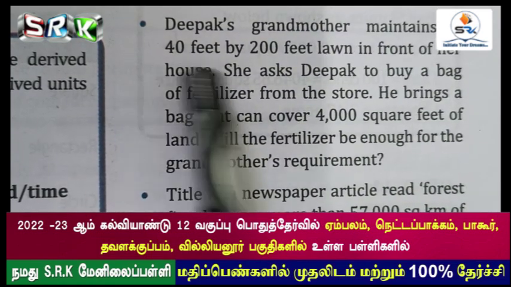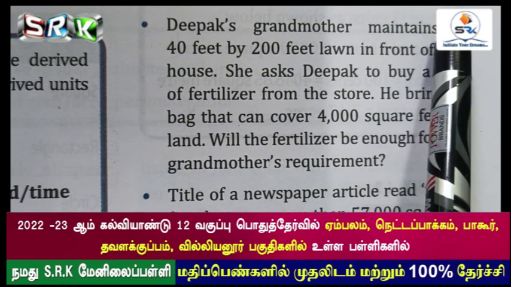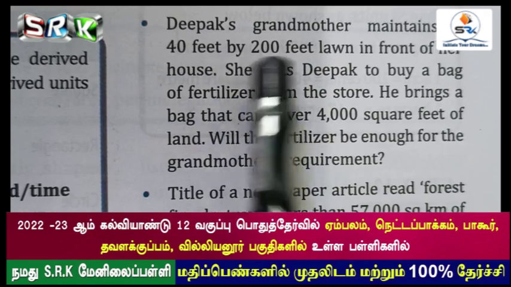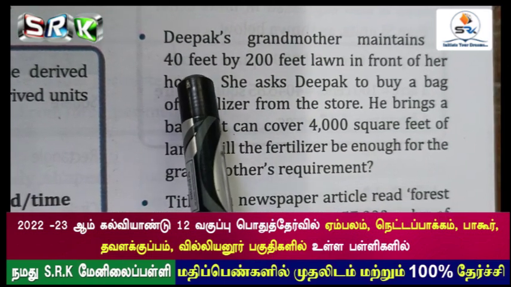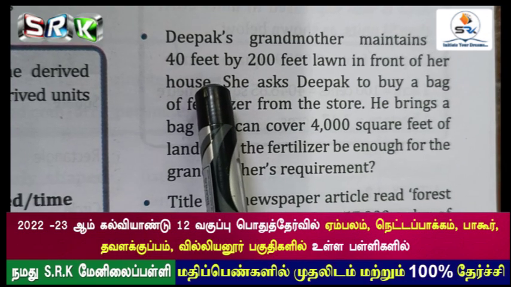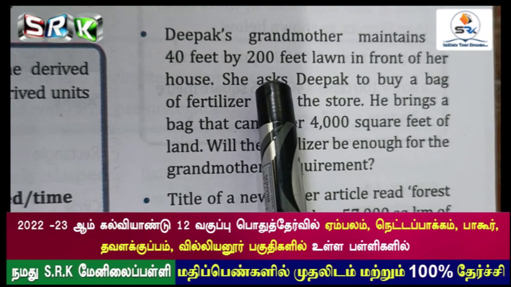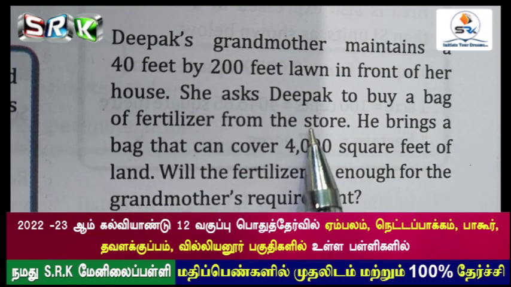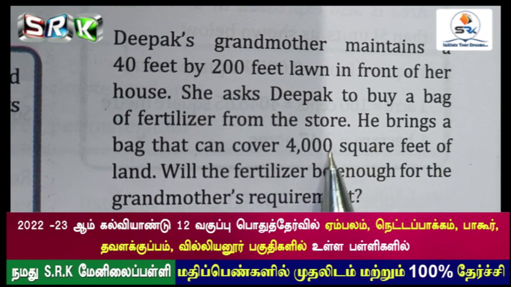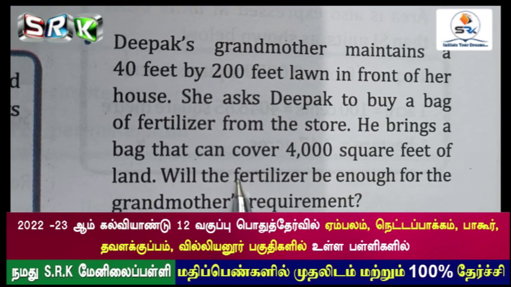Can you understand these three lines first? She has a 200 feet lawn, and she is maintaining 40 feet in her house. What is she asking? She asked Deepak to buy a bag of fertilizer from the store. He brings a bag that can cover 4,000 square feet of land.